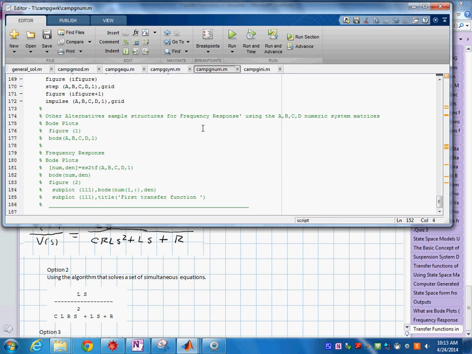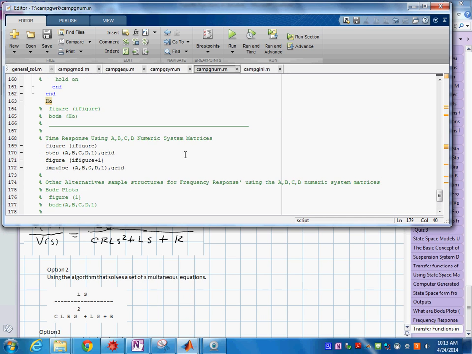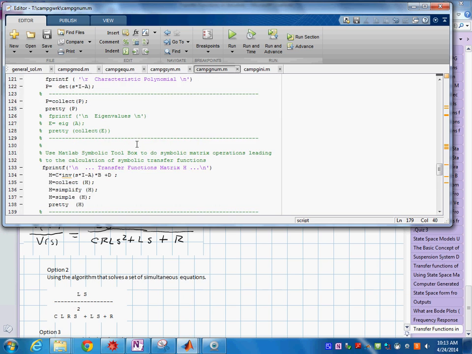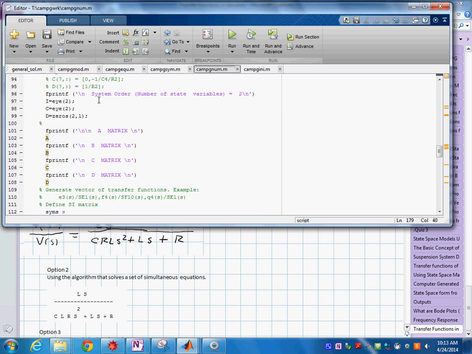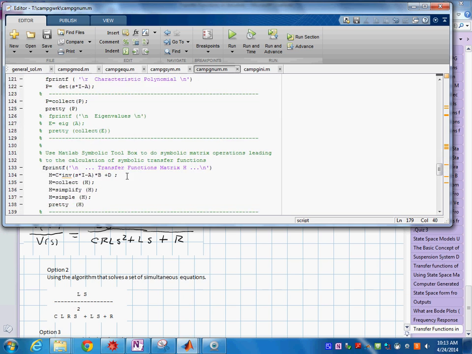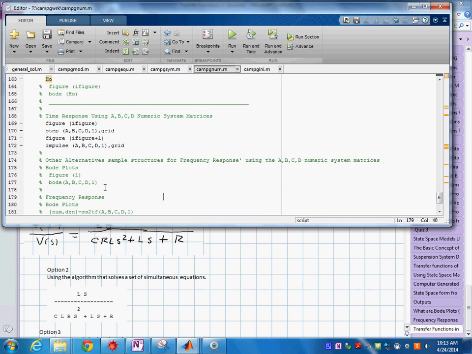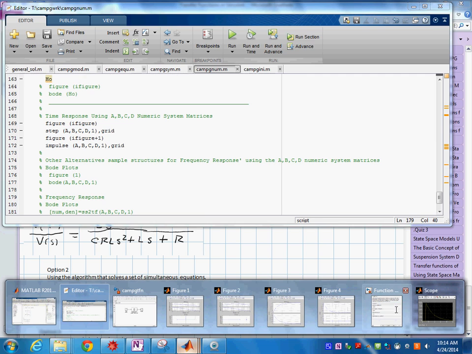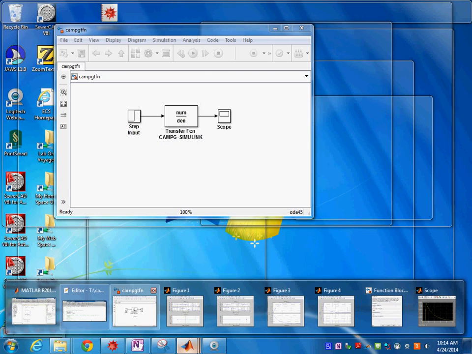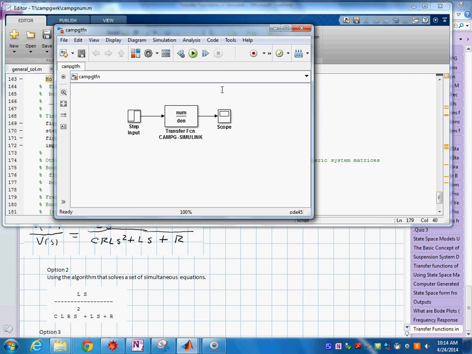The interface with Simulink. Because what happens is, once you initialize the matrices, it also initializes the transfer function. Whatever happens in the MATLAB world, it happens on the Simulink side too, because they use the same workspace.